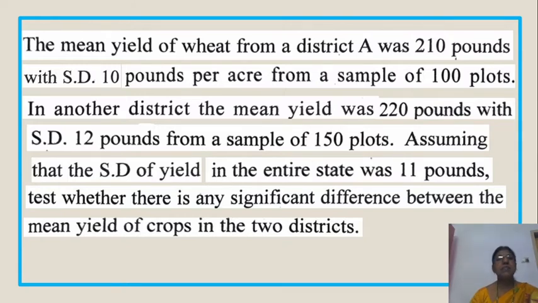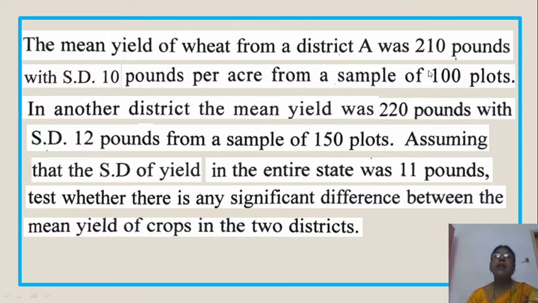See the first district: mean yield of wheat was 210 pounds with SD 10 pounds. Here the mean of the first sample, x1 bar, is 210 and SD sigma 1 is 10. Number of samples n1 is 100.